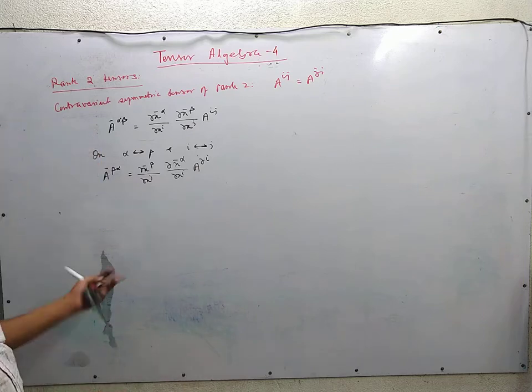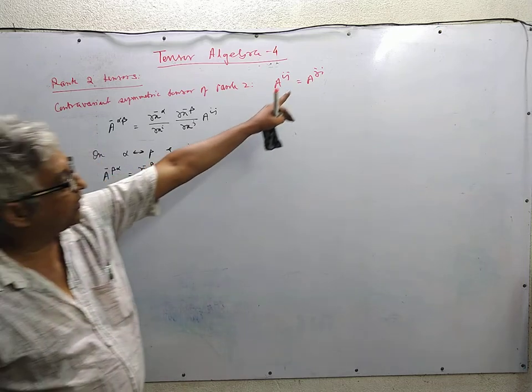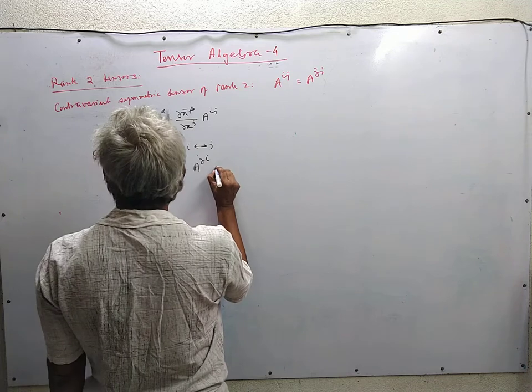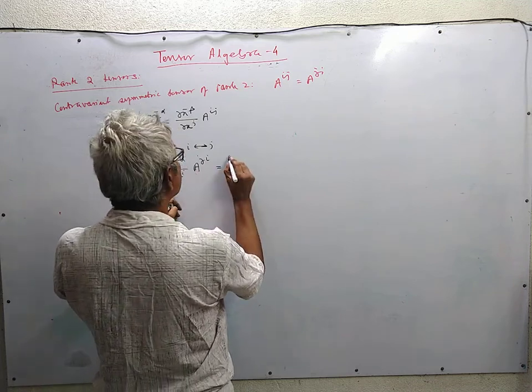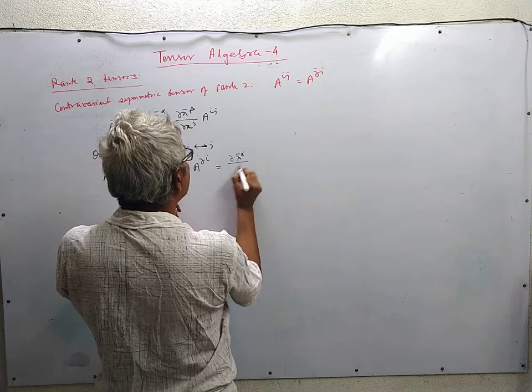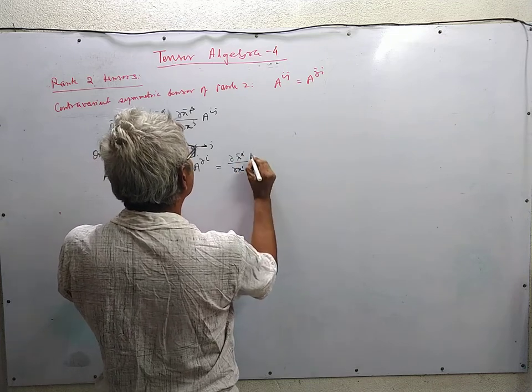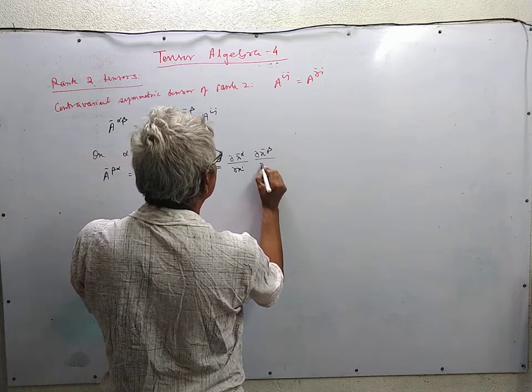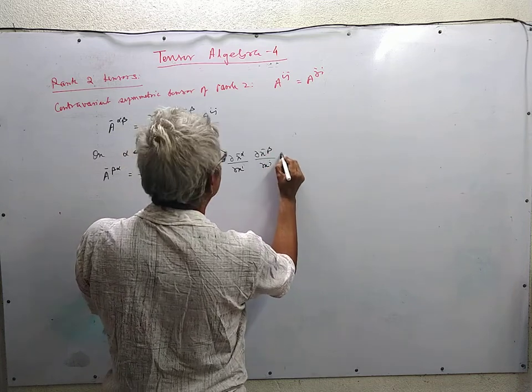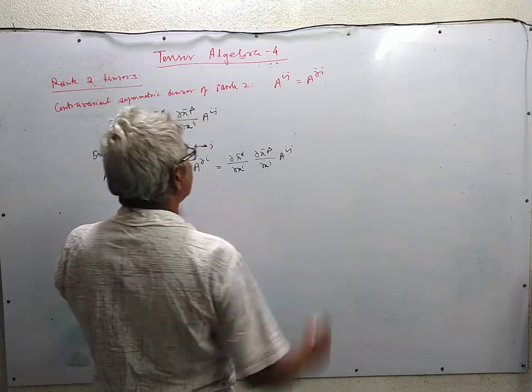Since A of ji is equal to A of ij, we can write it as, del x bar alpha by del xi, del x bar beta by del xj, A of ij.